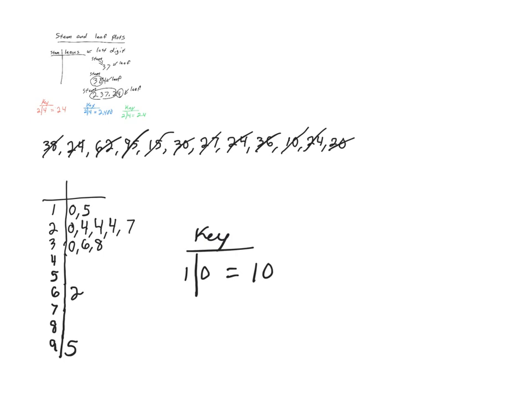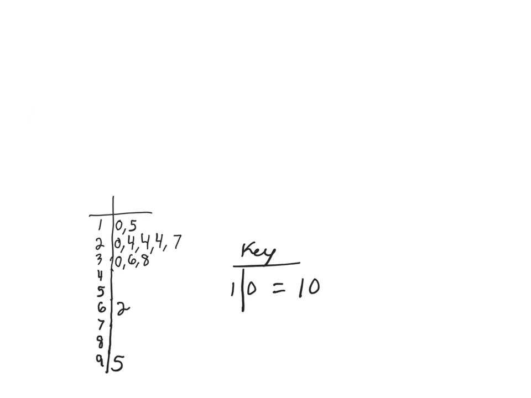All right. So since we've got all that made, let's look at some things that we can do with this. One of the things you can do with a stem and leaf plot is actually determine what's known as a skew. A skew is when data is unbalanced.